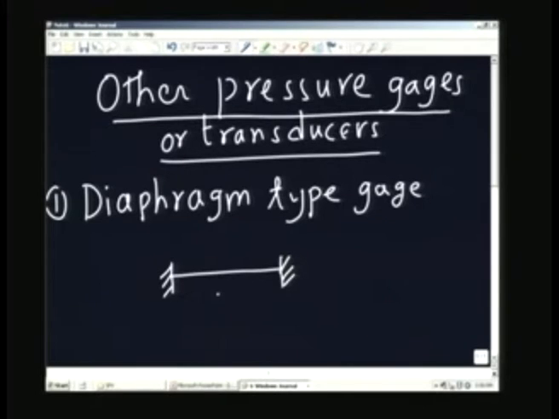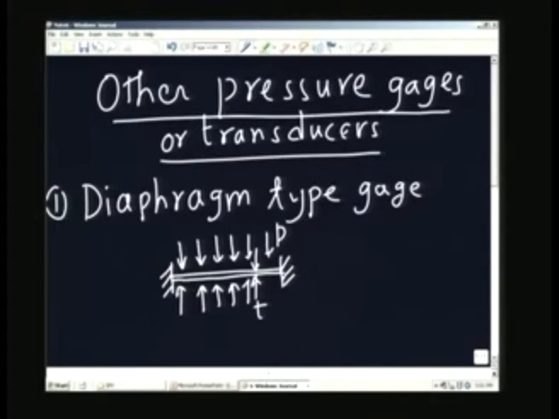This is actually a circular plate of some small thickness. So, we will say that thickness T, and if I apply a uniform pressure P on this side and uniform pressure of P A on the other side.